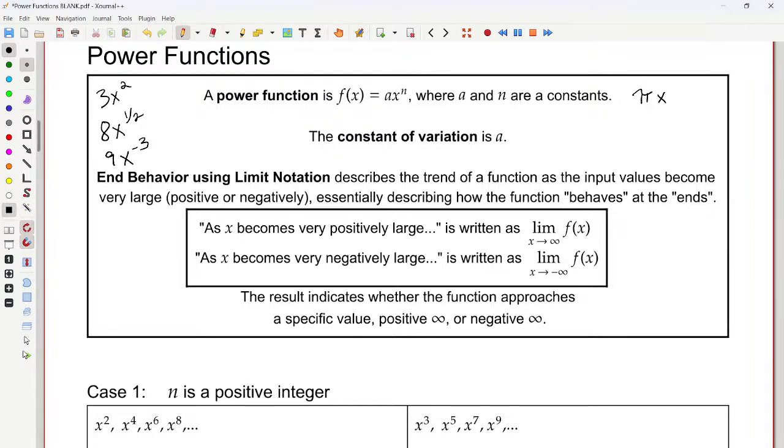Pi x to the pi is a power function. These are all a times x to a number. Now this one's silly, but we really can't do it justice until calculus. But you will know these 3 graphs in the next 15 minutes.